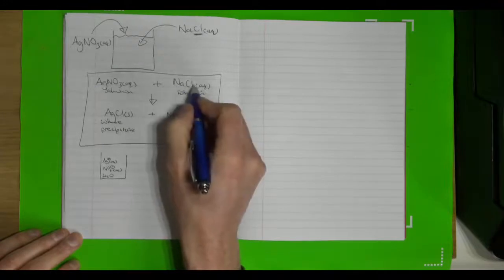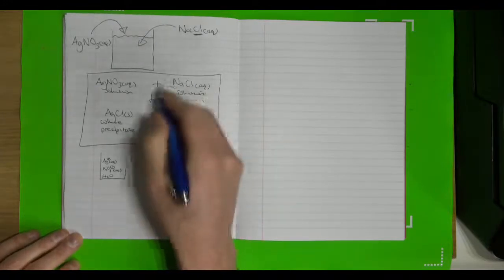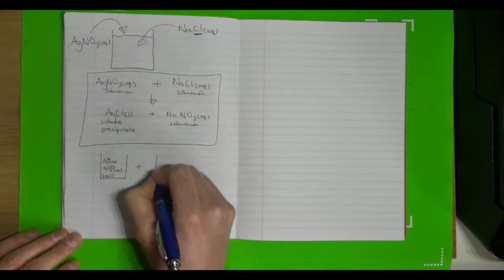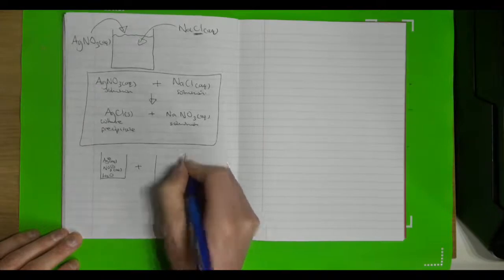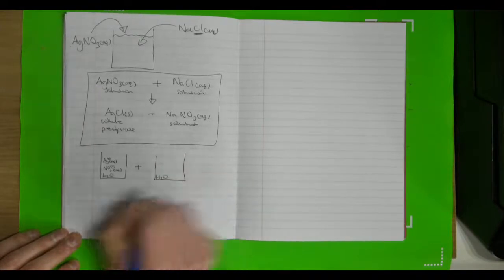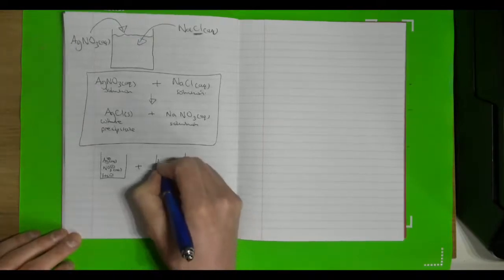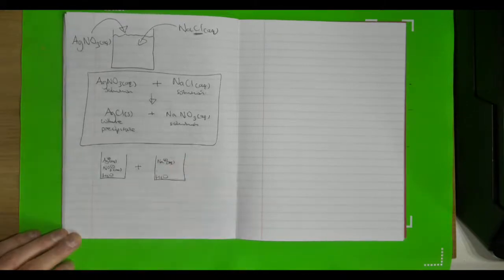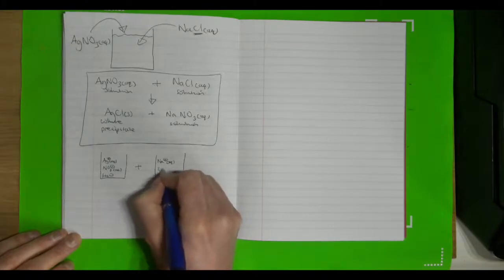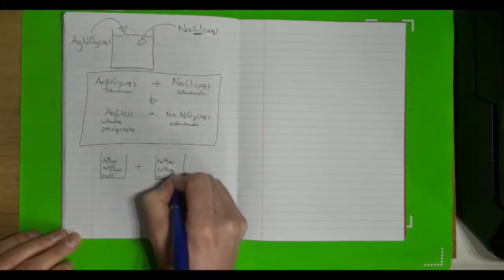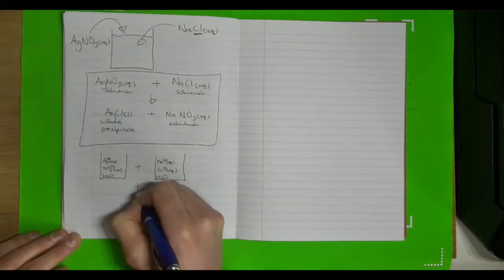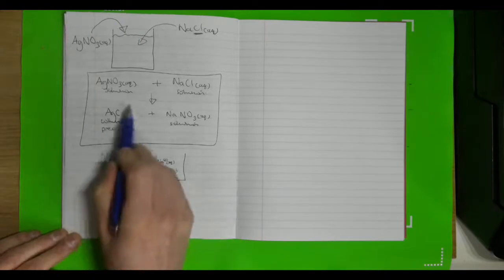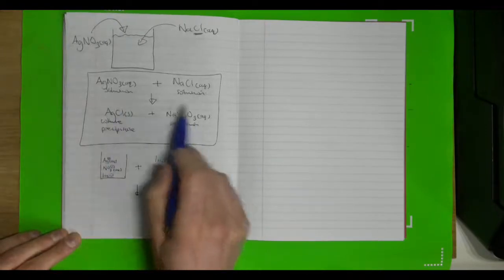I'm going to react that with some sodium chloride solution, H2O because it's a solution, sodium ions floating around, and chloride ions floating around. React them together and we'll make this precipitate in this solution.